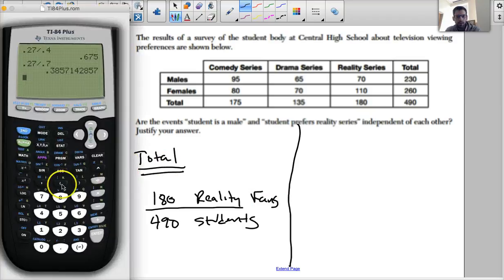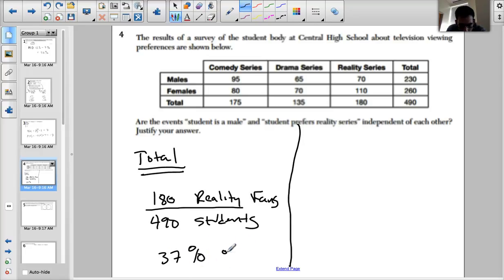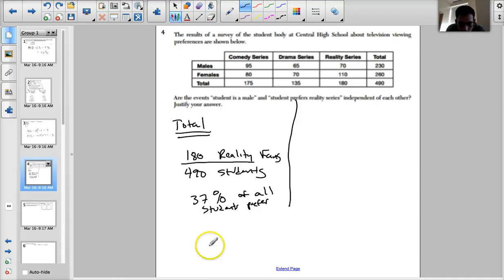So let's go ahead and get that as a decimal. So 180 divided by 490. So this is like about 37% of all students prefer reality TV.